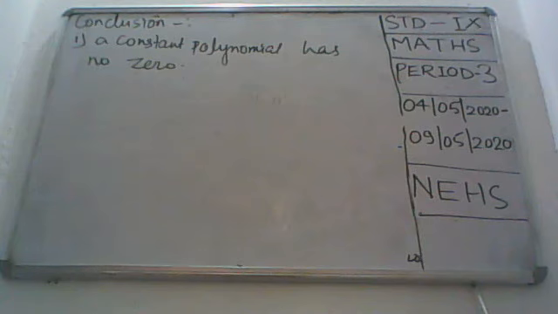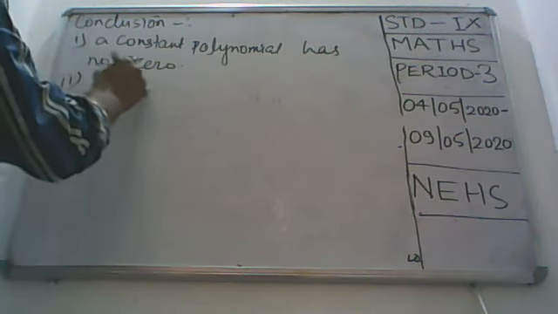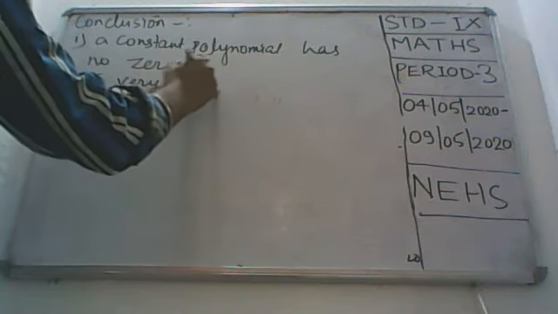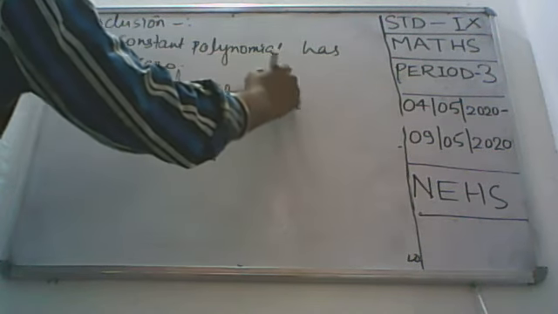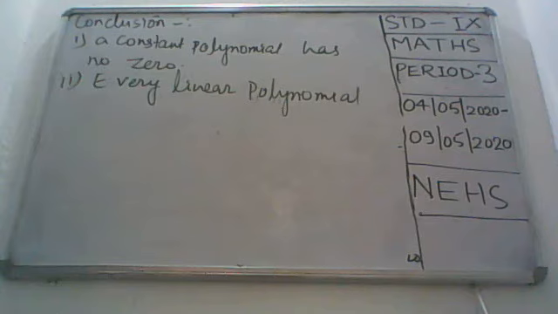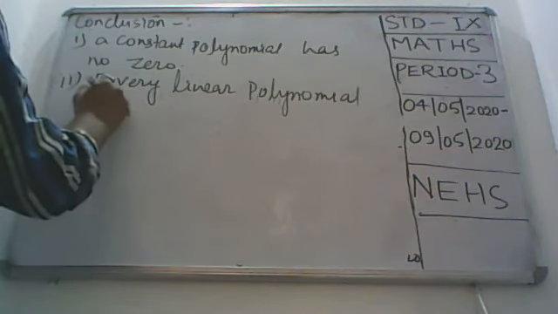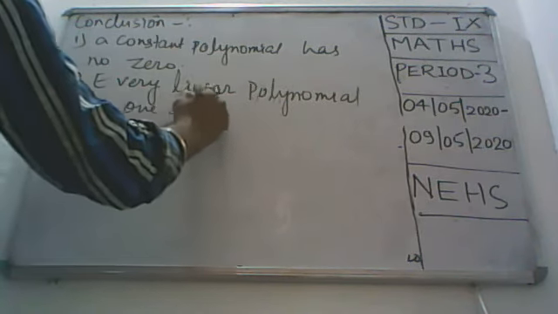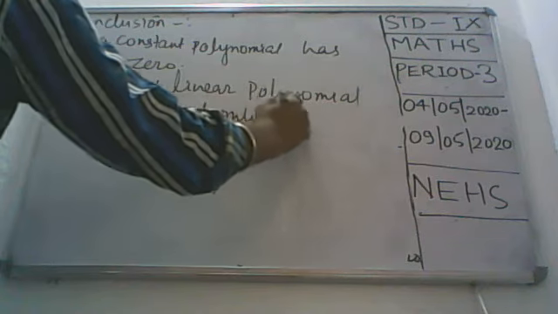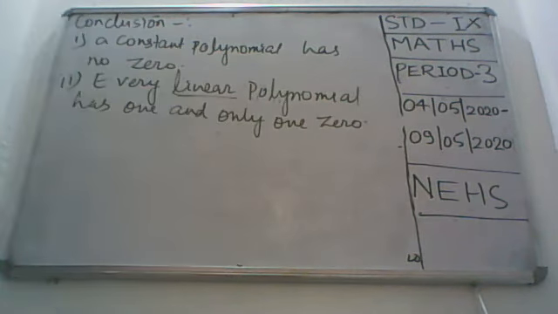Okay, then number 2, every linear polynomial, that means its degree is 1, has 1 and only 1 zero. Linear means its degree is 1.